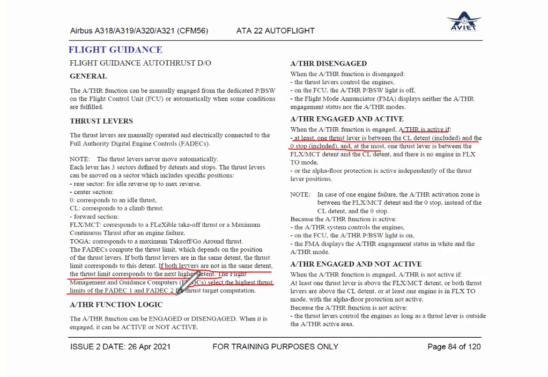So even if both levers are not at the same position, the FMGC is smart enough to take the higher side of the lever position and command both the thrust. It will command the highest thrust limit to both. I hope this is clear.